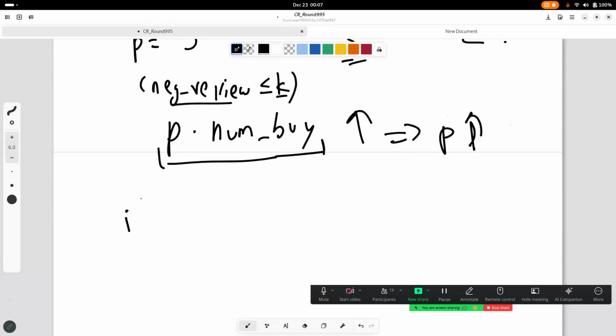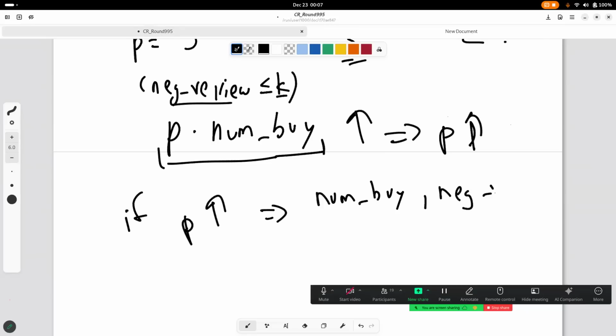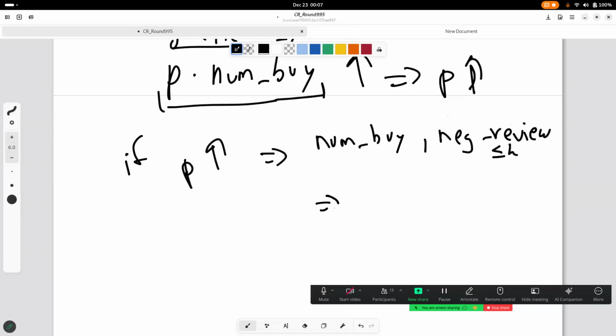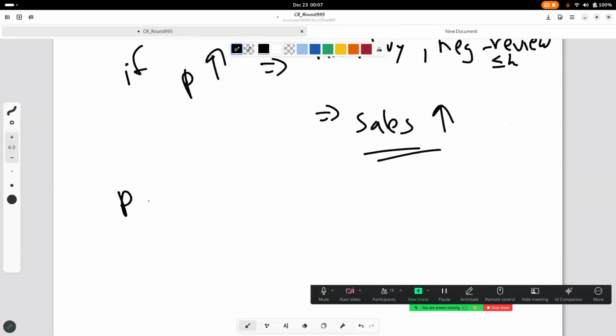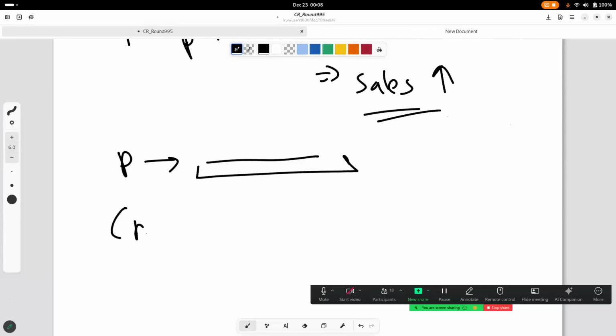With num buy and neg reviews fixed, your revenue increases, and we want to maximize this. So rather than iterating over all the possible values of P, which would be very large, let's see what different values num buy and neg reviews can take. Okay.